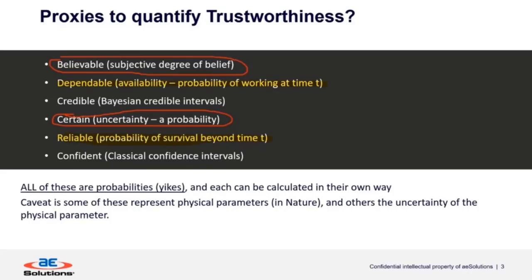But the point is, we can group these 6 proxies for trustworthiness into 2 groups. So one group, highlighted yellow, represents physical parameters in nature.